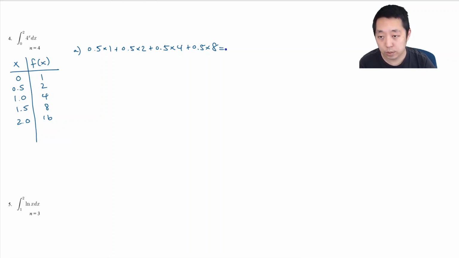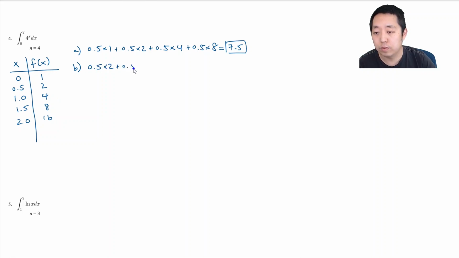And so that sum is going to be 15 over 2, 7.5. And for b, for the right-hand sum, we're going to use these instead. So it's going to be 0.5 times 2 plus 0.5 times 4 plus 0.5 times 8 plus 0.5 times 16. And so that would be 10 plus 20, 30 divided by 2, it's 15.